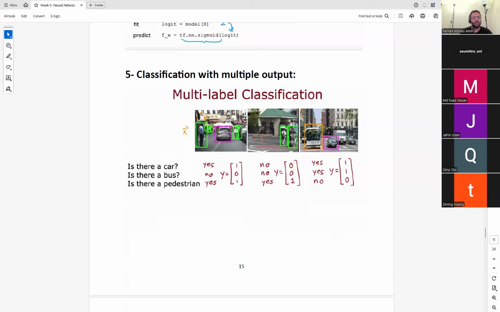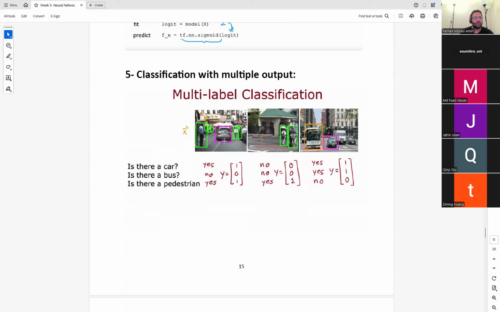No. Is there a pedestrian? Yes. The third one, is there a car? Yes, there is a car in this image. Is there a bus? Yes, there is a bus. Is there a pedestrian? No, there is no pedestrian. Yes, yes, no. And then this yes or no can be shown in this way.